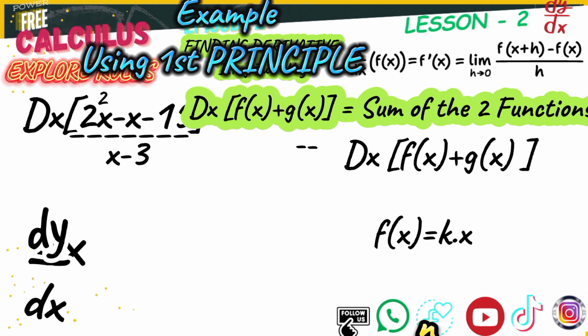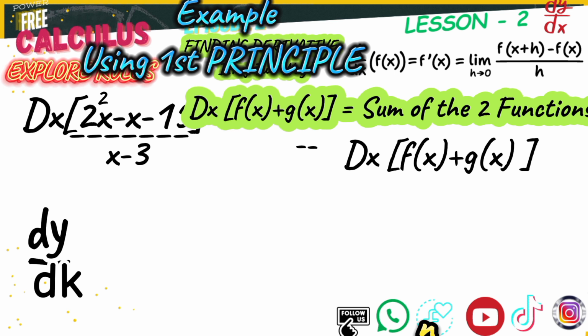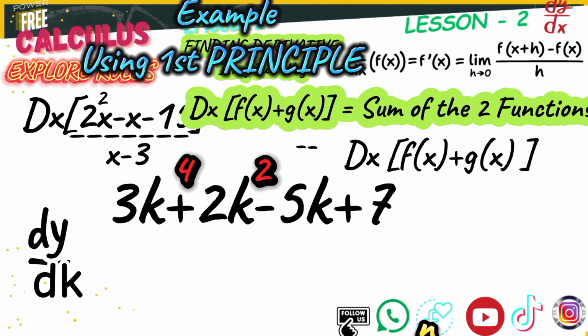So if you are given dy over dk, meaning find the derivative of y with respect to k. So let's say you are given 3k to the power 4 plus 2k to the power 2 minus 5 plus 7. It's asking us to find the derivative of y with respect to k.